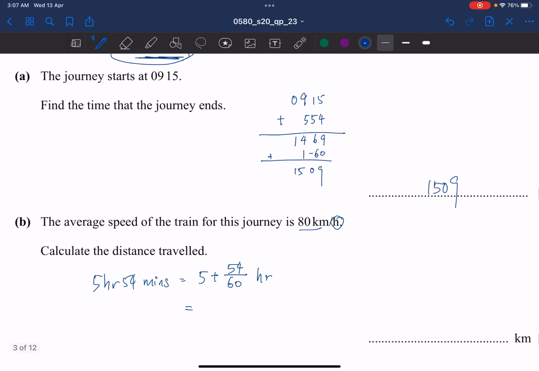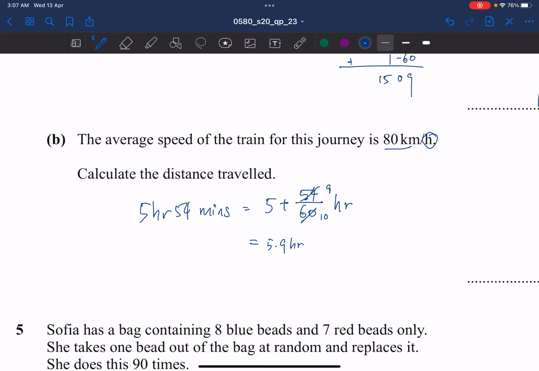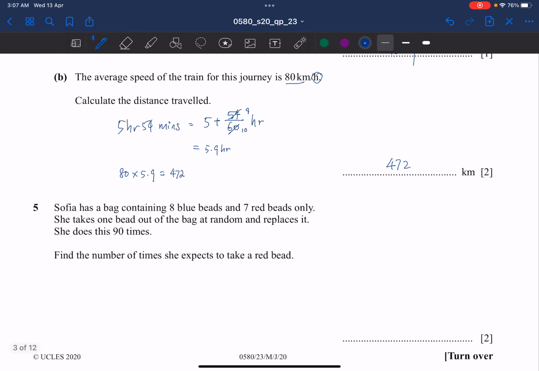So this is divided by 6 is 10, divided by 6 is 9, so 9 over 10, 0.9, so it's 5.9 hours. So distance traveled will be 80 times 5.9 equals 472. Okay, so this is 472 kilometers.